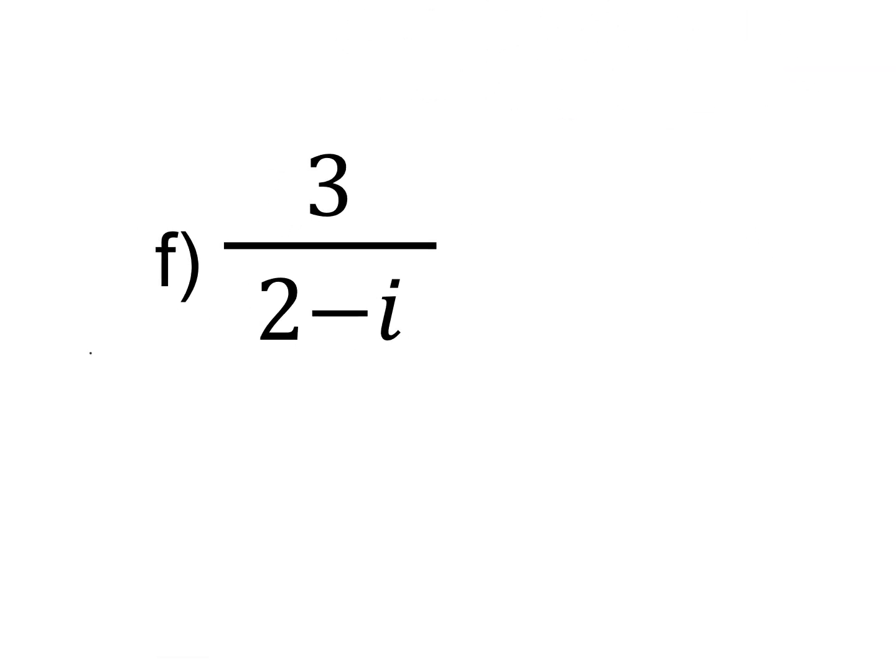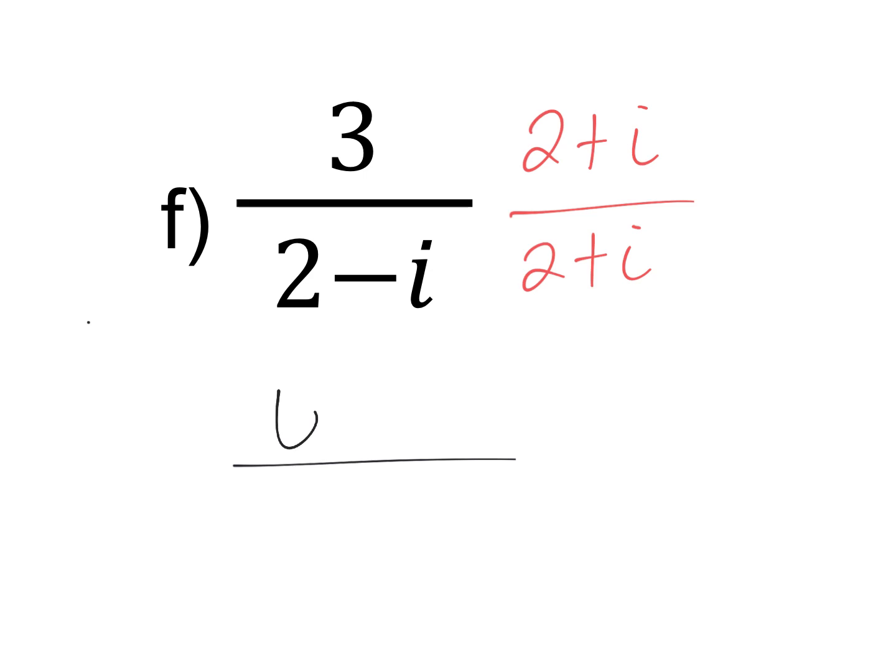All right, next one. Since this time it's a binomial on the bottom, it's a little bit more of a pain. So we need to multiply it by its conjugate. Okay, so go ahead and distribute it out. You'd have 6 plus 3i on top, 4 plus 2i minus 2i minus i squared.